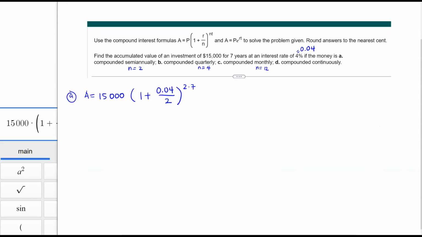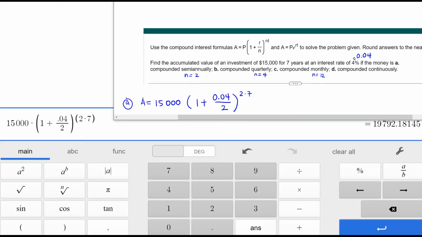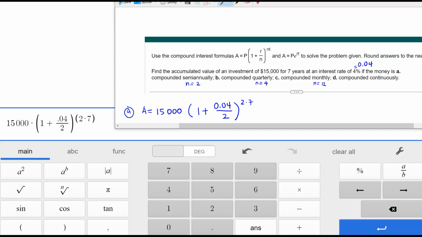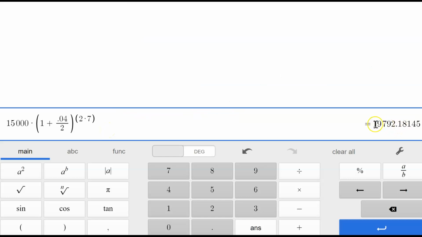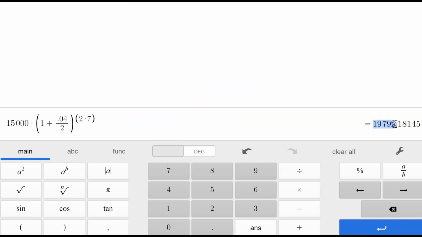Now make sure we have that correctly. So 2 times 7. You compare them. So that's right. That's what we're looking for. And then this is the value, the accumulated value. We are asked to round it off to the nearest cent. So you look at 2 decimal places, and then you look at the number to the right. If that is greater than or equal to 5, you add 1 to the number here.